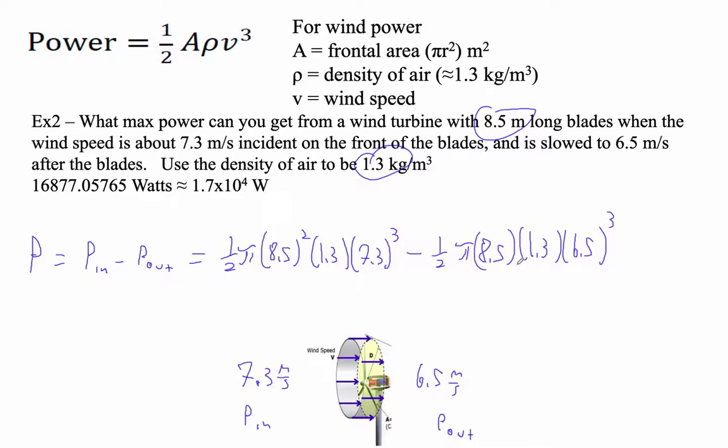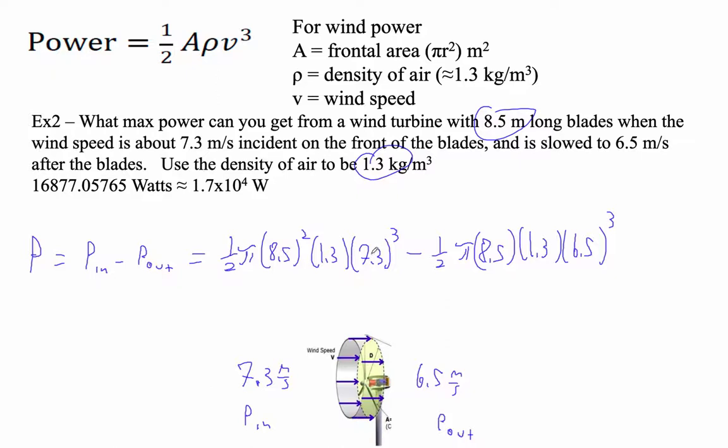Let's try this. I'm going to go 0.5 times pi times 8.5 squared. Notice that that's the same for all of these. Times 1.3, and now I'm going to be lazy, times parentheses 7.3 raised to the third minus 6.5 raised to the third.